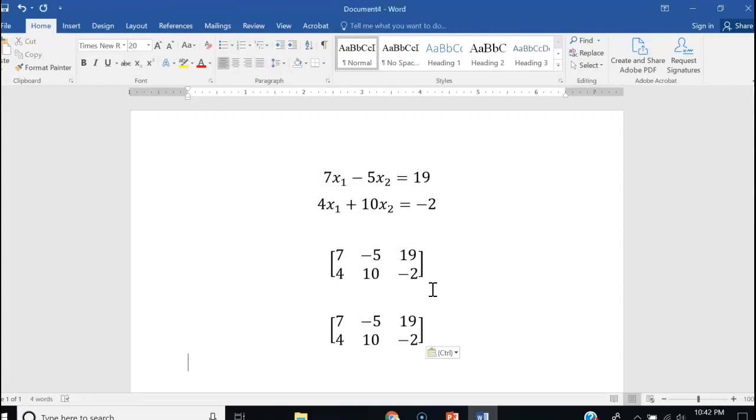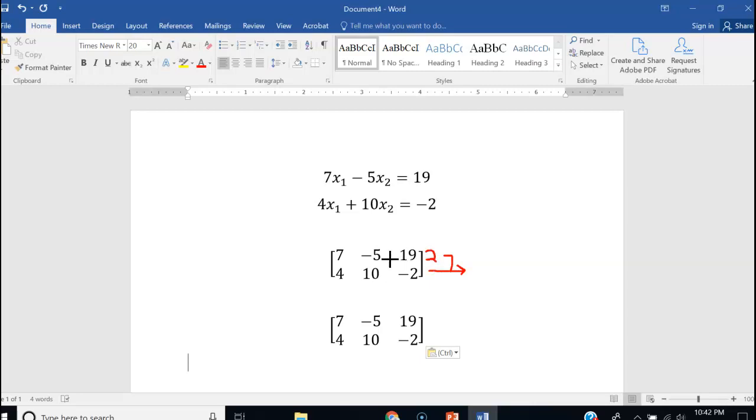What I am going to do is I'm going to create a 0 right where that 10 is. Okay, so what I'm going to do is take 2 times the first row, add it to the second row, and replace the second row with that.